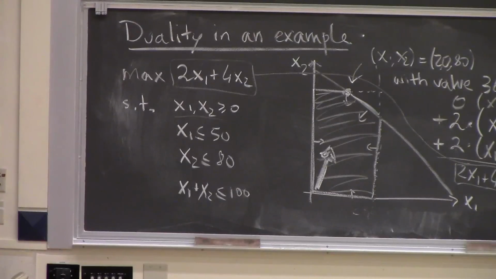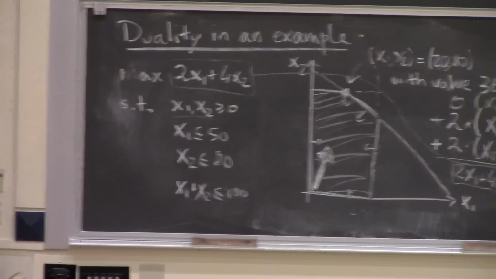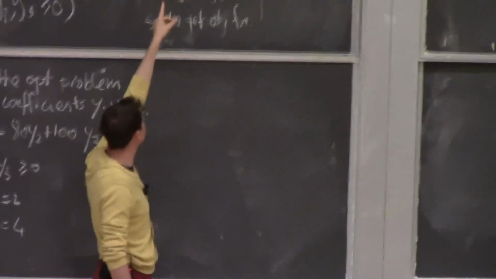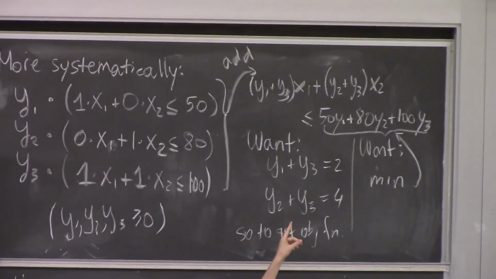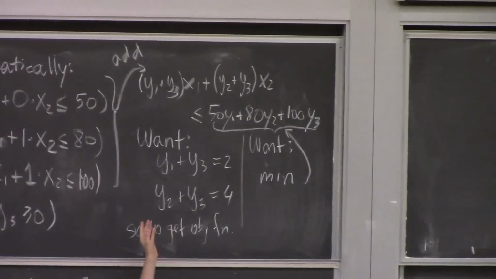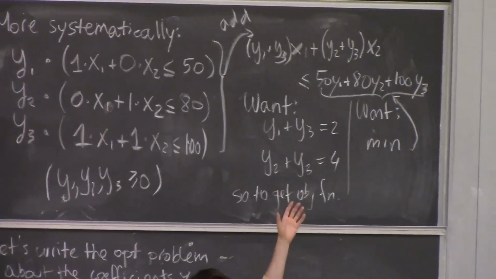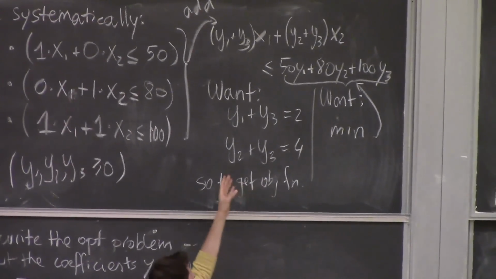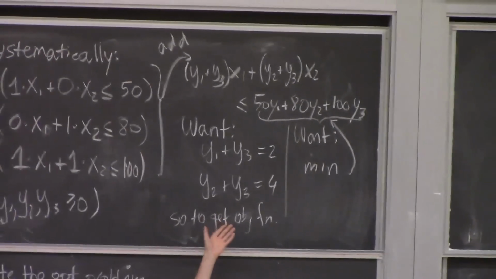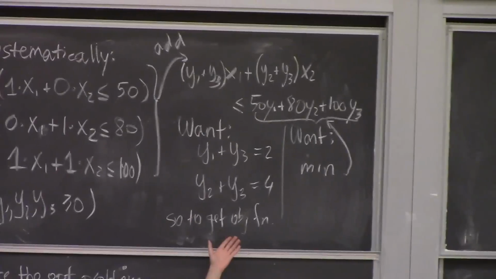At least 2, right? Why? Because if my right-hand side is at least y1 plus y3 times x1 plus y2 plus y3 times x2, and both of those quantities are respectively greater than 2 and 4, then certainly I do have an upper bound. I mean, I have an even better upper bound.